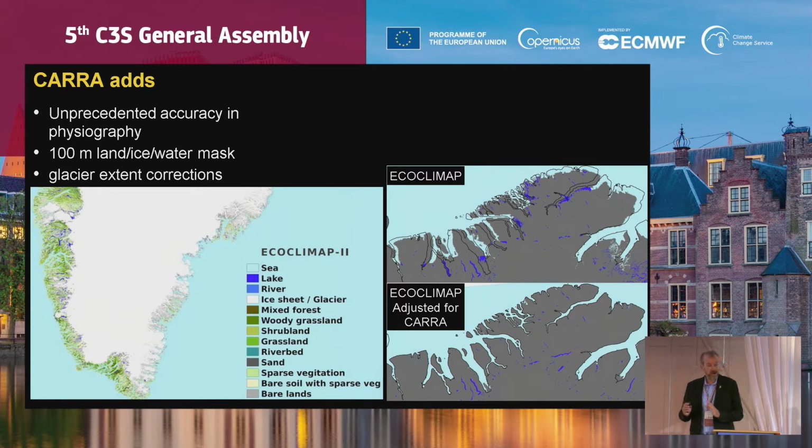A now 100-meter product exists for all of these land surface classes that the modeling system uses to represent energy fluxes, hydrology, and even the extent of coastlines and ice was in need of some dramatic improvements in the source data that ERA5 that we know and love is using.